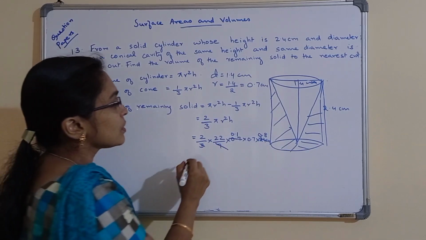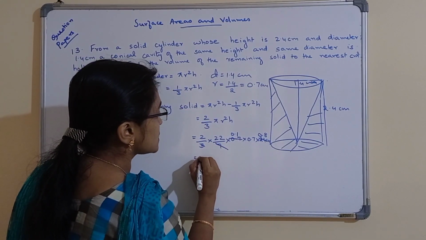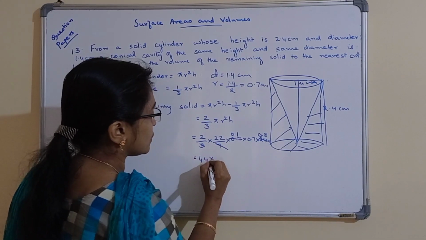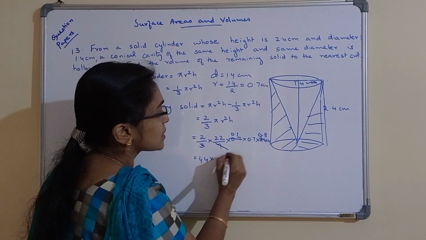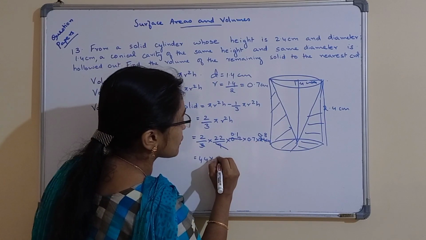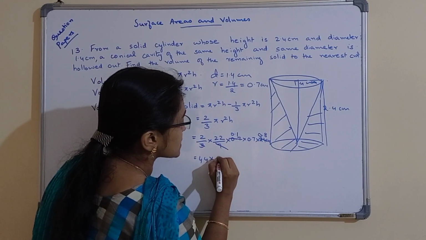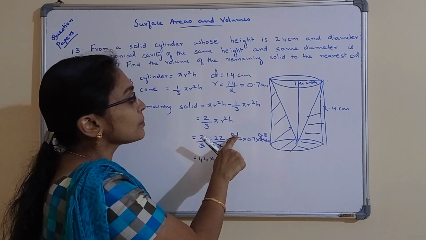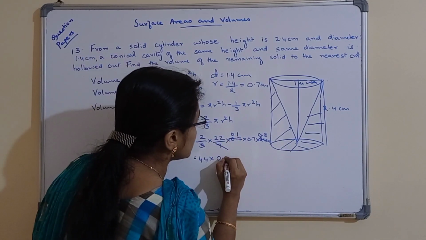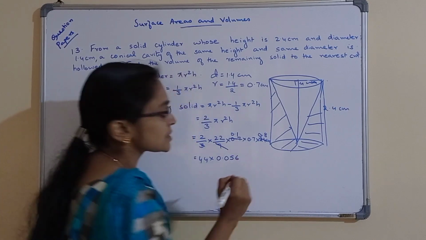Right? Now we can write this as 44 into 7 8s are 56. So 0.56 and into 0.1. So 0.056.